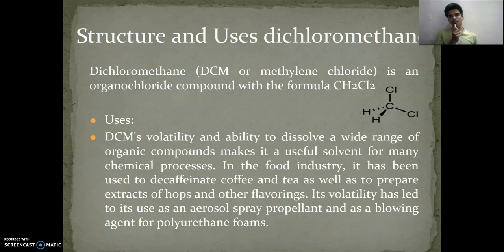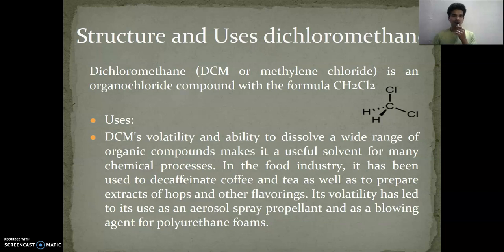Then next is the structure and the uses of dichloromethane. Dichloromethane, or methylene chloride, is an organochloride compound with the formula CH2Cl2. Its volatility and ability to dissolve a wide range of organic compounds make it a useful solvent for many chemical processes.